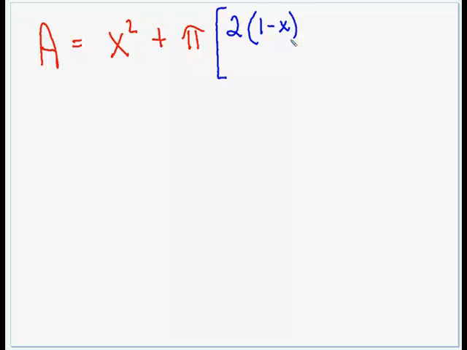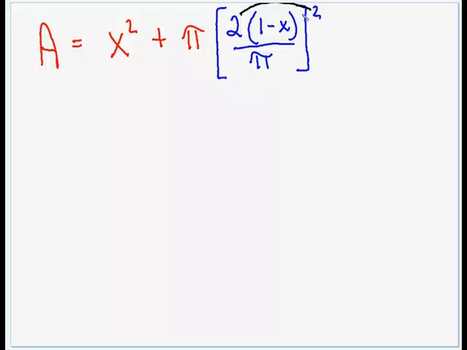So area equals, we have our x squared plus pi, and we had r squared here, but now we're substituting in the r that we found, which was 2 times the quantity 1 minus x over pi. And this is a quantity squared. When we have that quantity squared, we're going to distribute that square throughout.